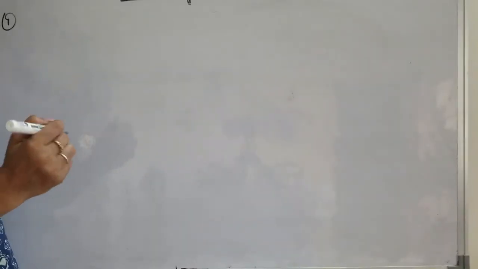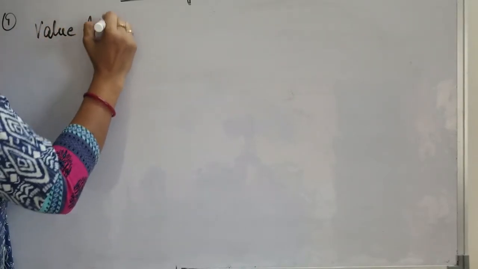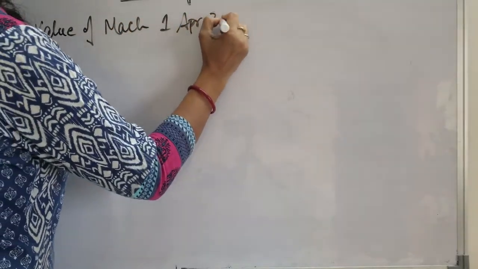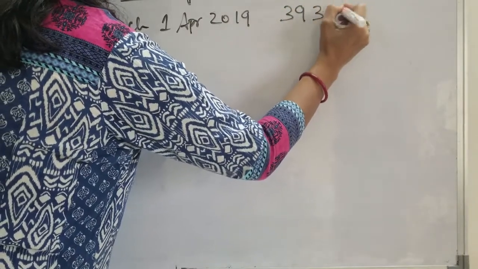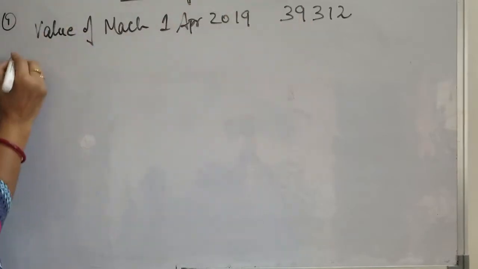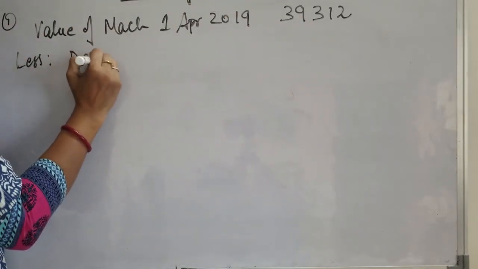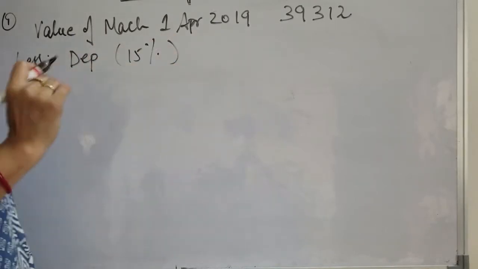Now for the rest of the amounts, let's understand the working notes. So value of machinery on 1st April 2019 was 39,312, right? And on this amount, depreciation will be provided for the full year, because machinery was sold on 31st March 2020.